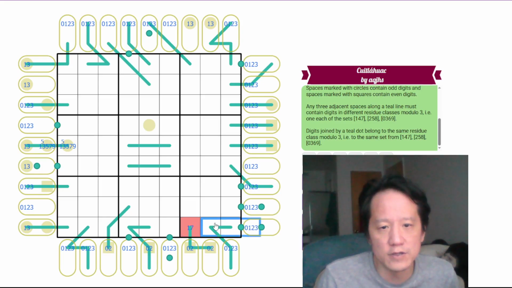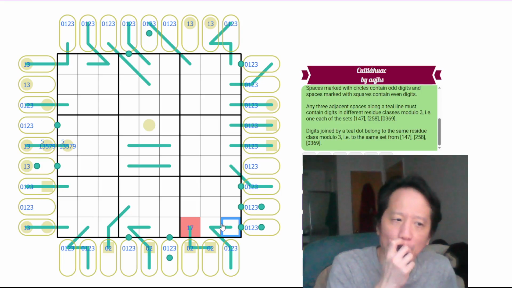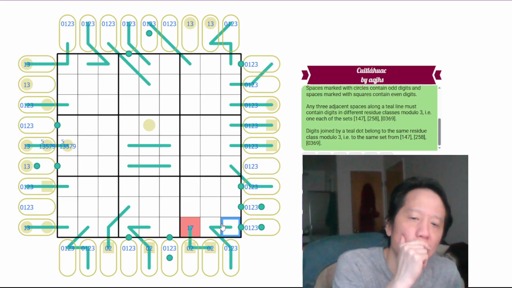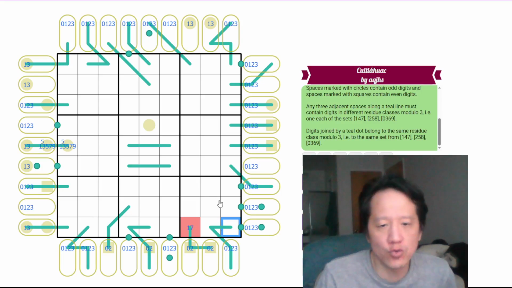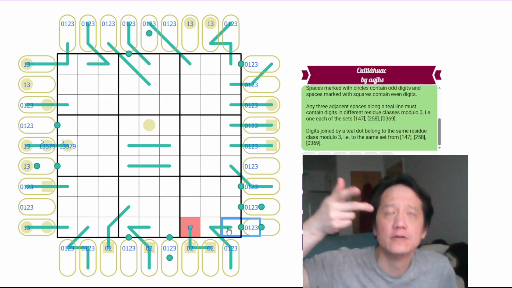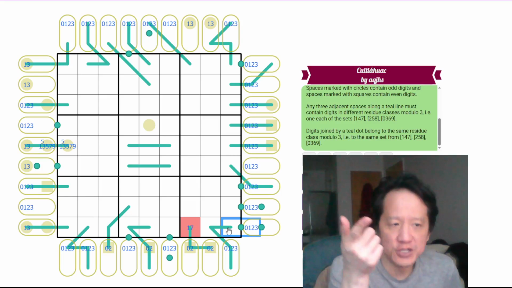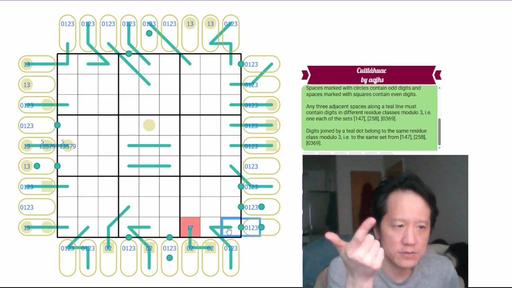What about these? The same sets. So if we try to have 1 here, that would be with 4, right? It must cross, essentially, whatever the digit here must cross.